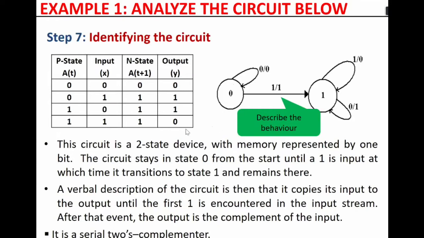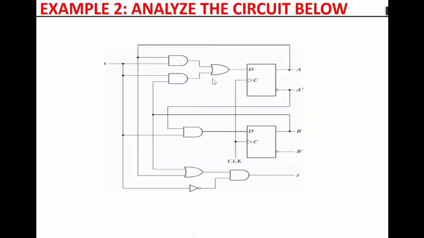You combine them into a full state table and you draw the timing diagram. In the exam, you draw either one, timing diagram or state table, because they have the same information. So that is basically how you analyze a circuit. From now on, we're just going to look at different examples, different flip-flops, but the procedure still remains the same.